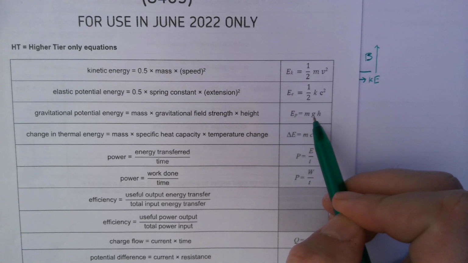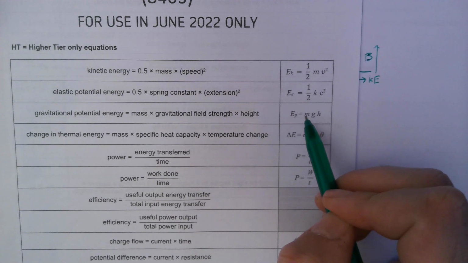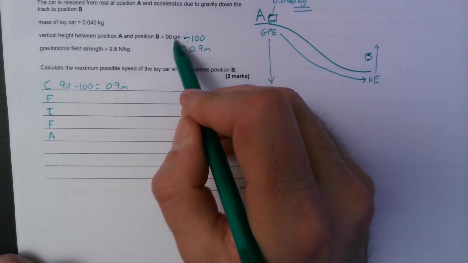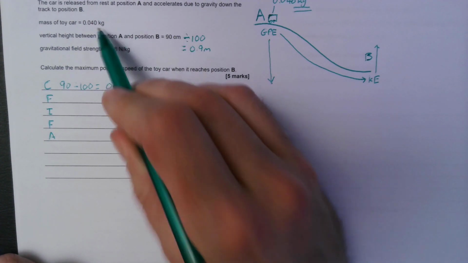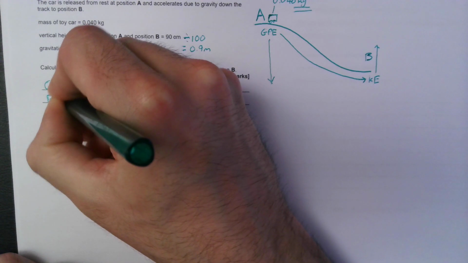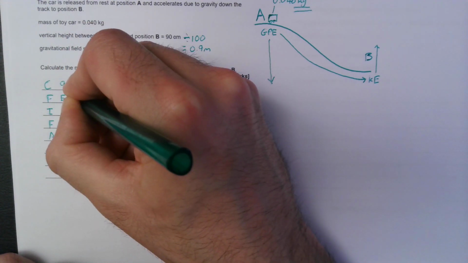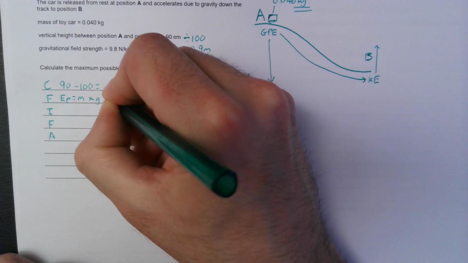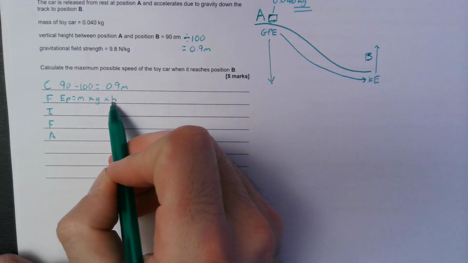Now the clue should be that in the question it tells you what the mass is and it tells you what the height is. So you should be thinking, yeah, we've definitely got to use this formula. EP equals m times g times h, which is mass times gravitational field strength times height.